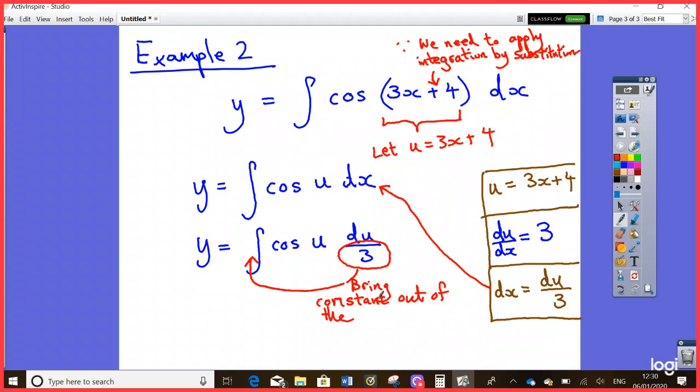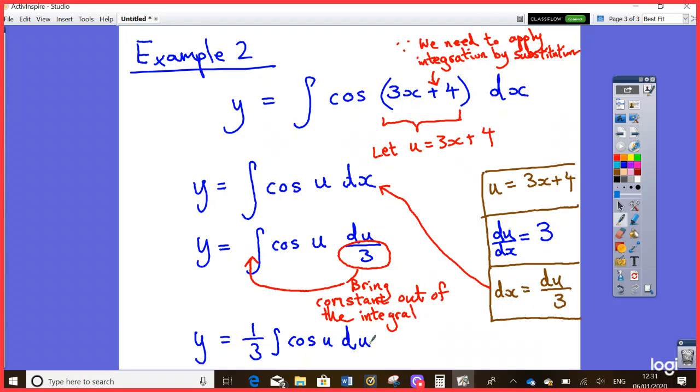Now you might want to add that in your write-up to explain it. So we have then a third of the integral of cos u du.